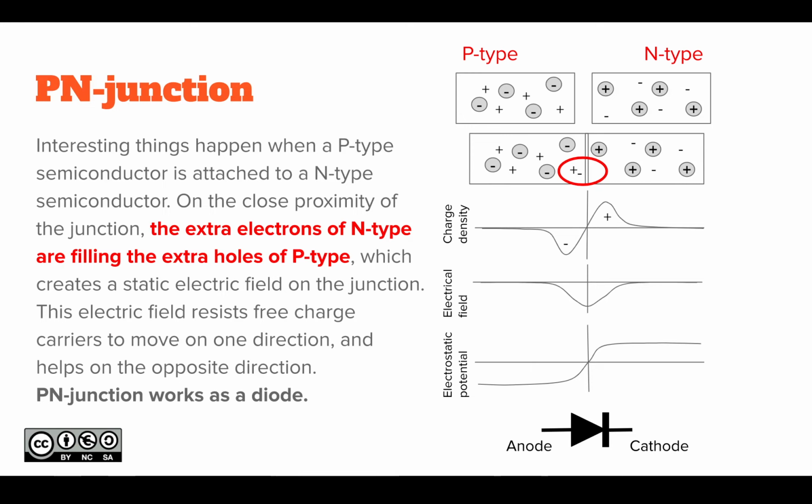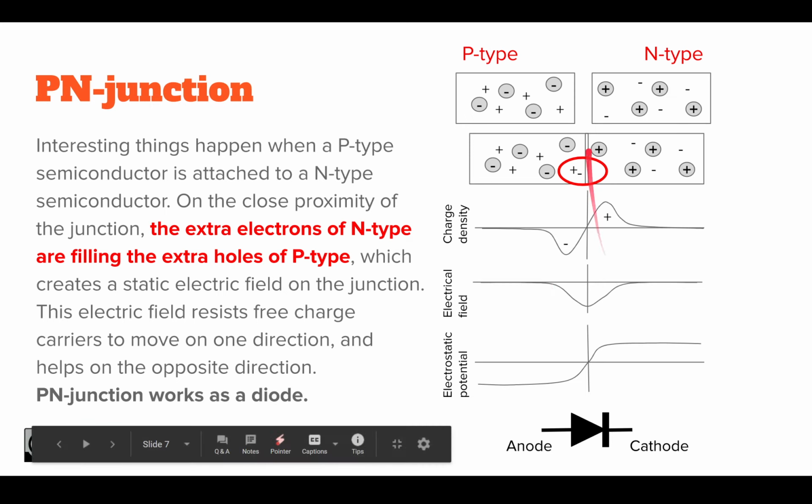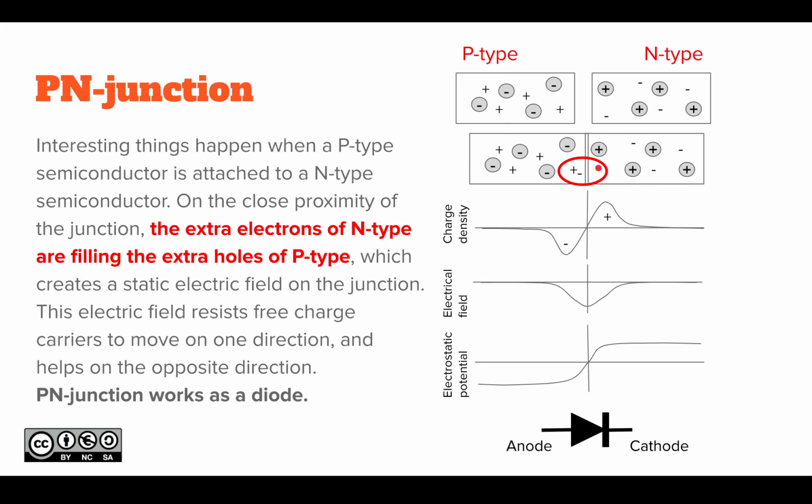Which basically means you have an electrical field inside of that material. So practically you have an internal electrical field on that junction.